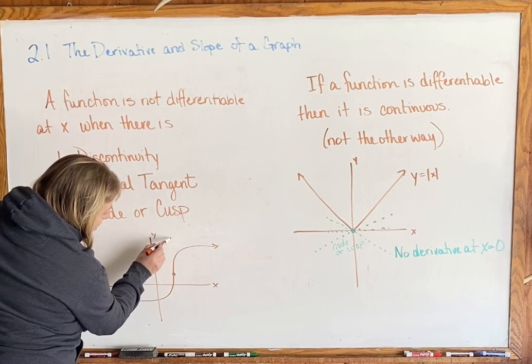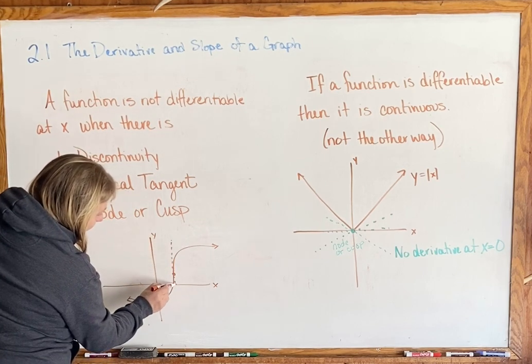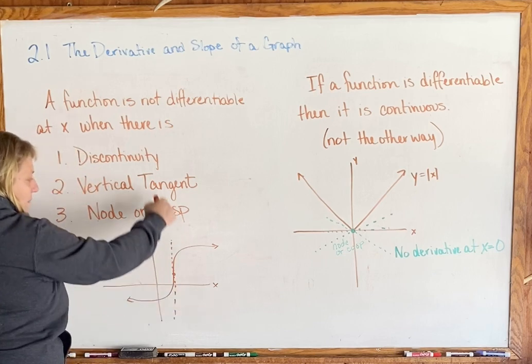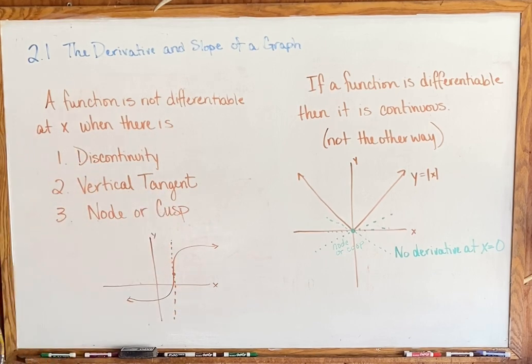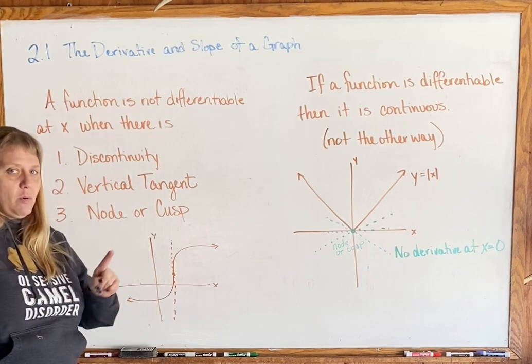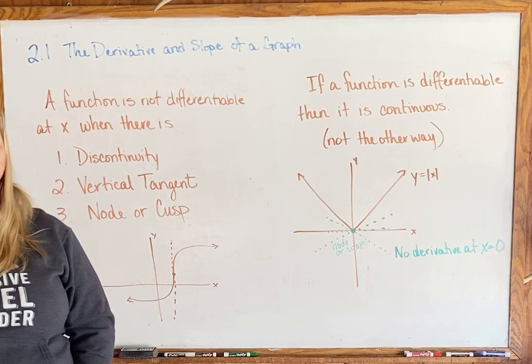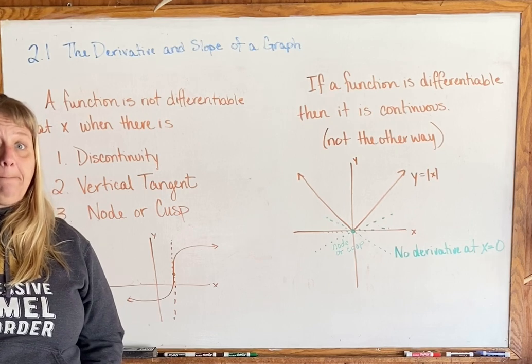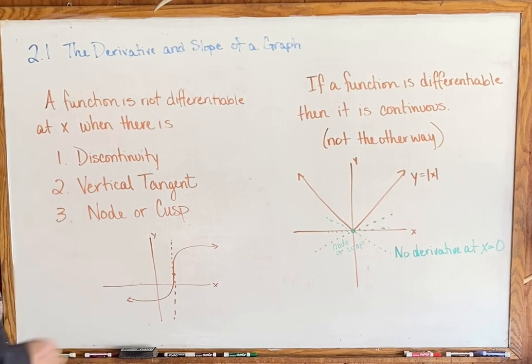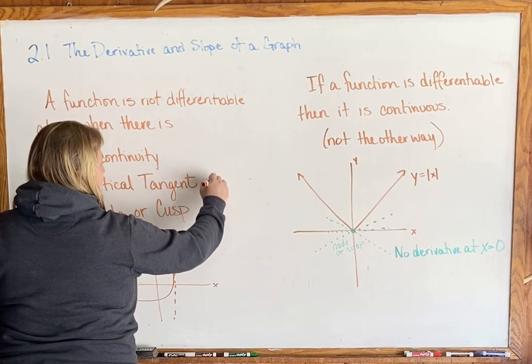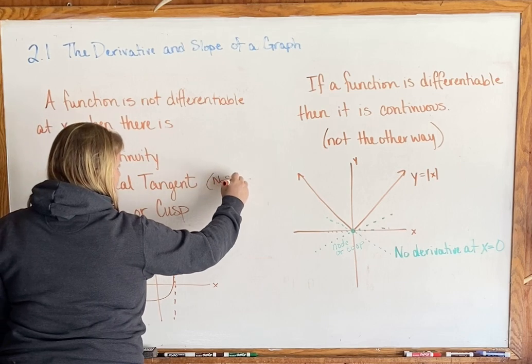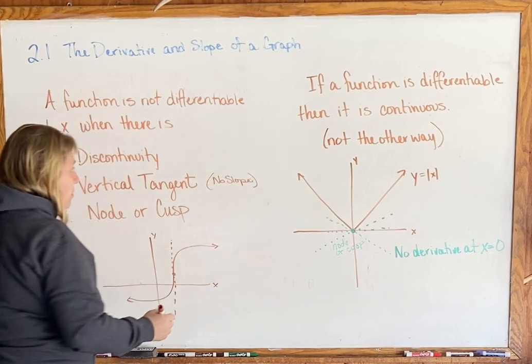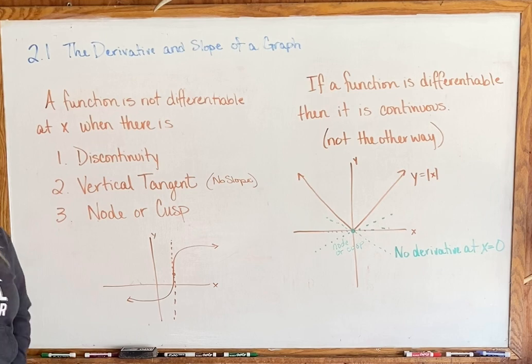There is a tangent line, but the tangent line actually comes down straight up and down through that point. And so it's a vertical line. But what I want you to think about is, what is the slope of a vertical line? Right? And this guy has no slope, does it? So if there's no slope, and derivative means slope, then that means there's no derivative.